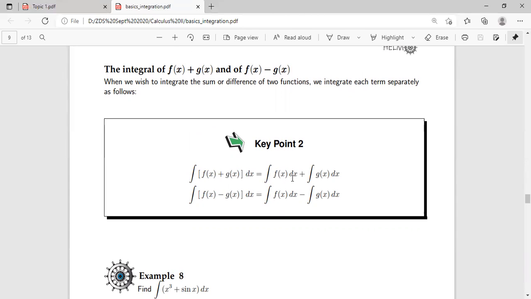We integrate the function f(x) and then later integrate the function g(x). The same applies to the difference rule: we get the integral of f(x) minus the integral of g(x), and these are worked separately.